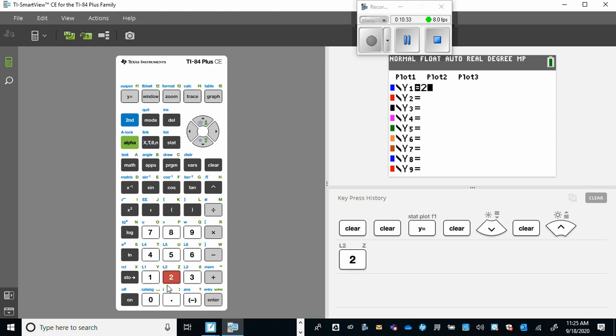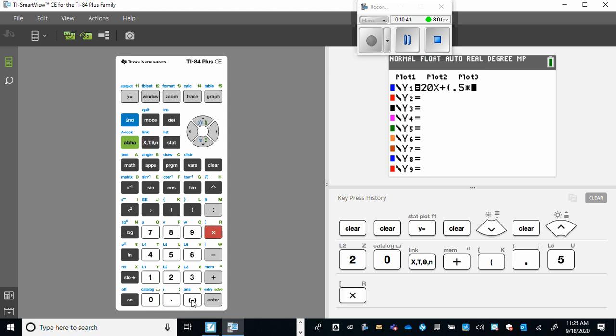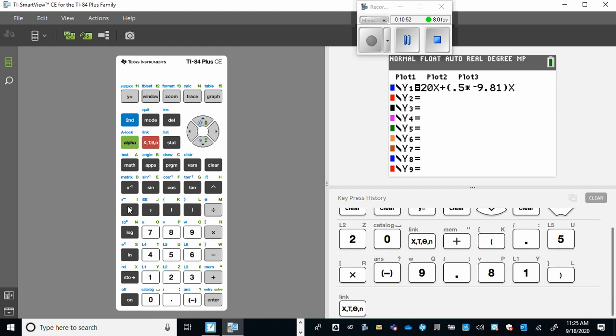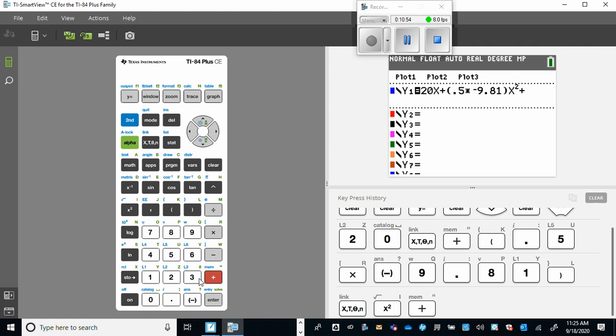That equation was 20x plus bracket 0.5 times negative 9.81 bracket, and then x squared, and then plus 30. That's going to give me a parabola.